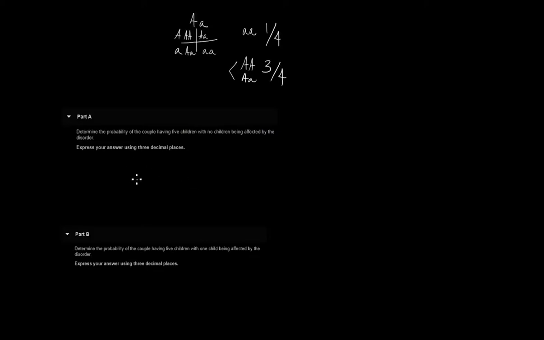I'm going to represent each child as C1, C2, where C equals child. I'm going to be using a check mark to denote that they are unaffected, and an X to denote that they are affected.